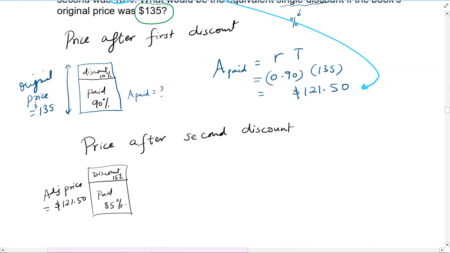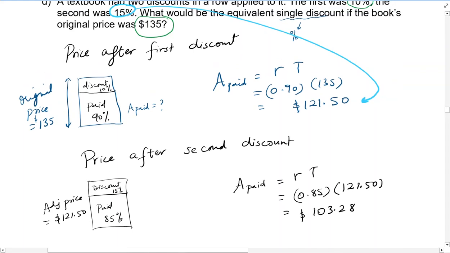The new amount paid is rate times total, so 85% of the new total, 121.50, is 103.28. So this is the final price after 2 discounts.